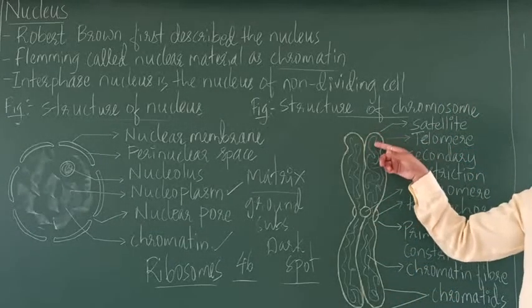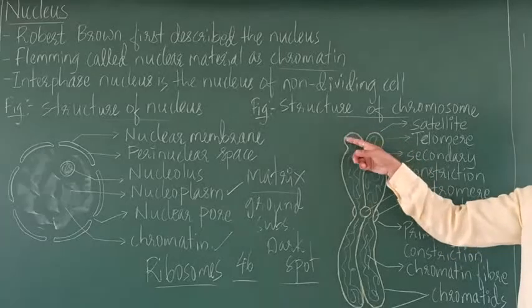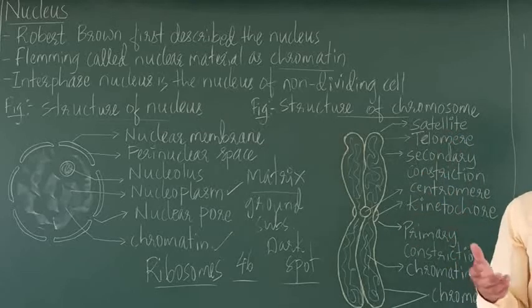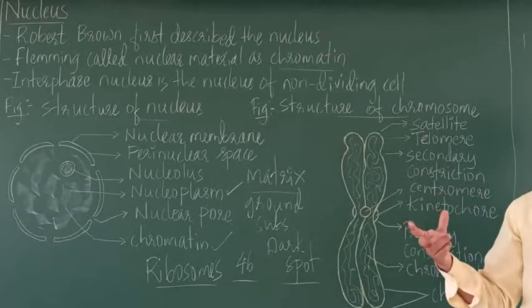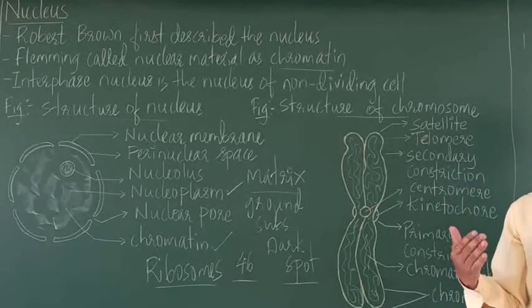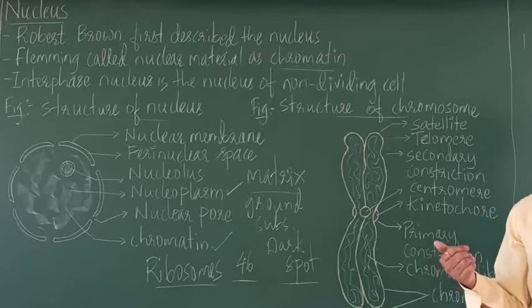At the region of the telomere, this structure is called the satellite. So the satellite is located above the secondary constriction near the telomere.